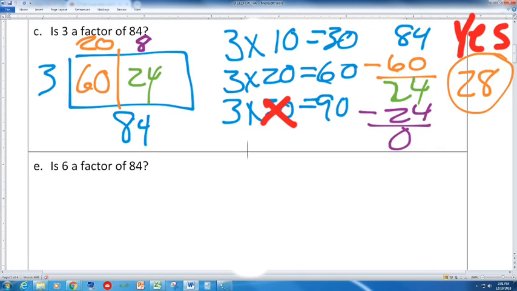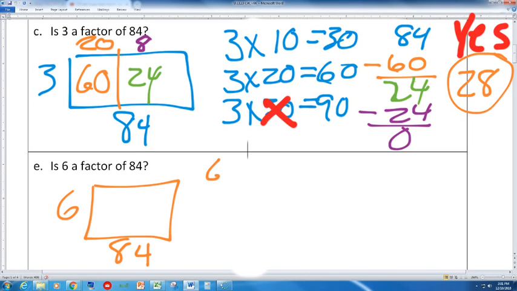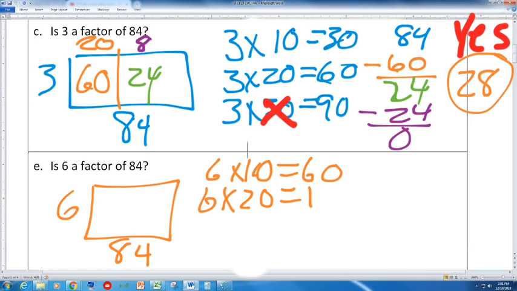Okay. So let's take a look at the last one, E. Okay. 6 into 84. 6 times 10, 60. 6 times 20 equals 120. So that's too much.